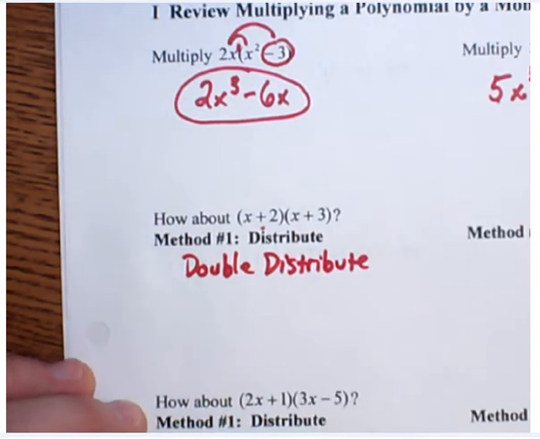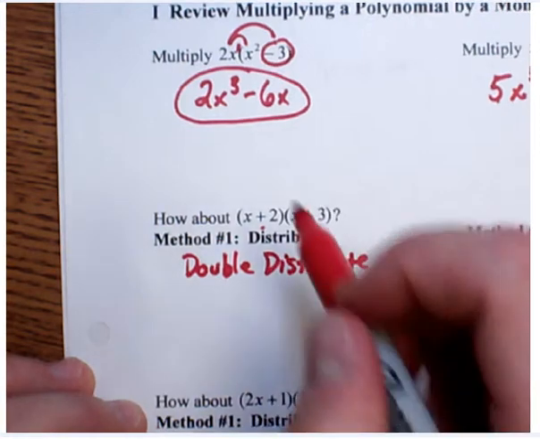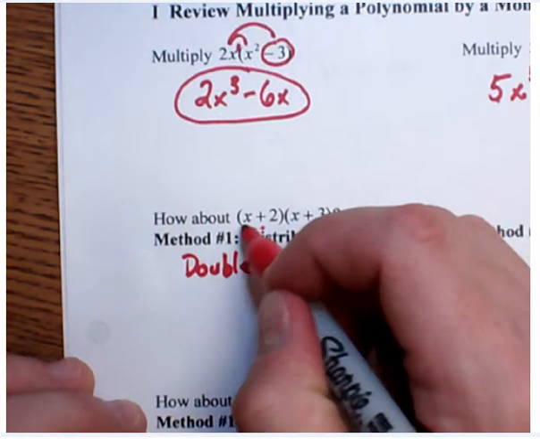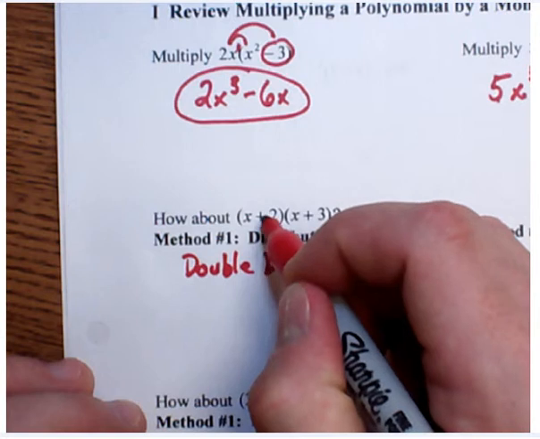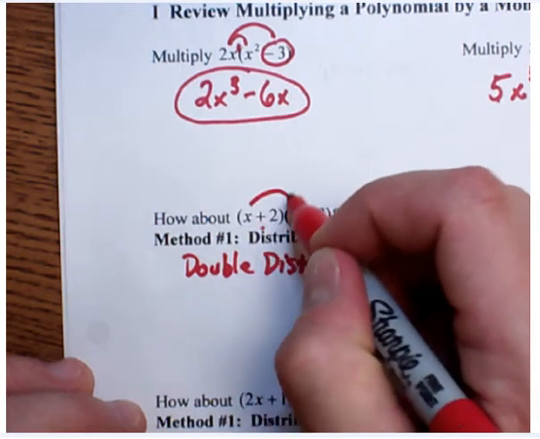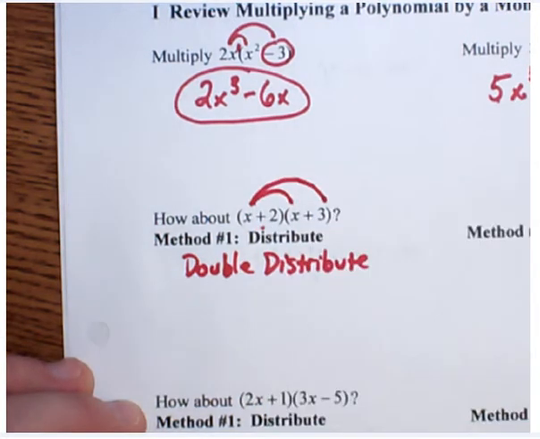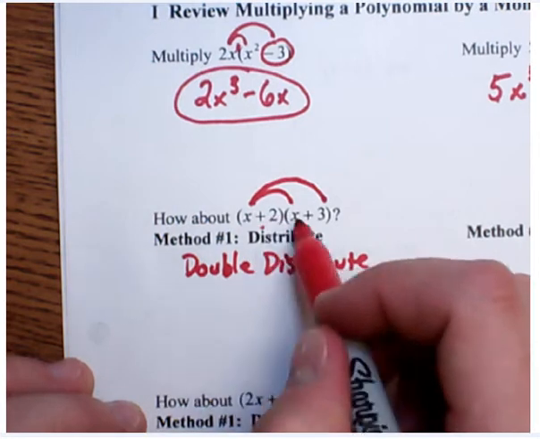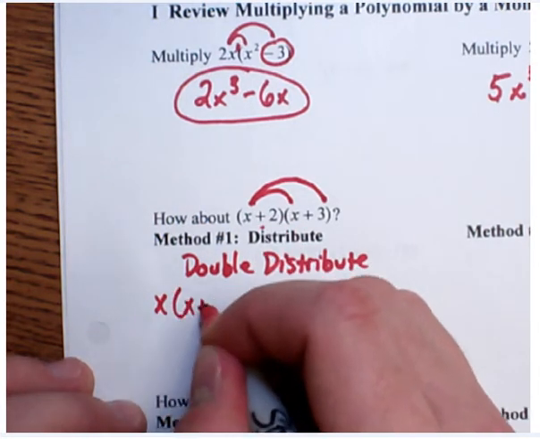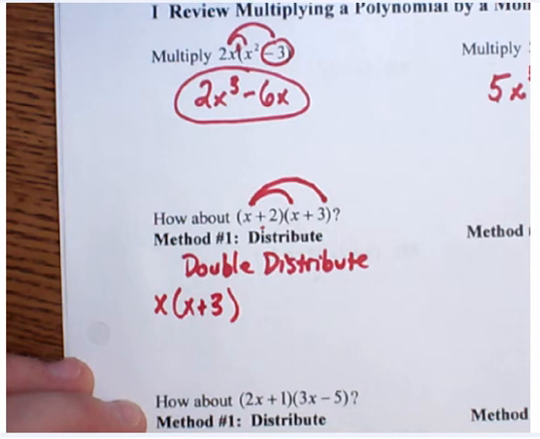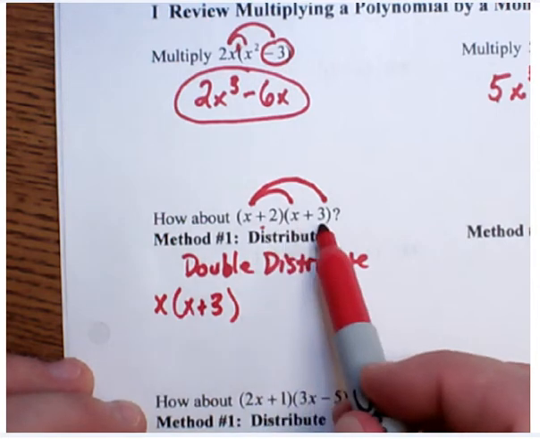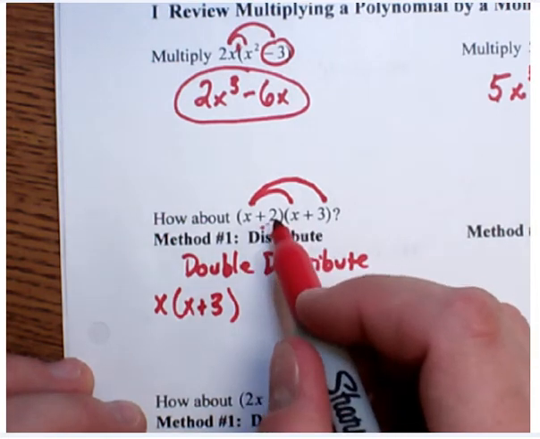You have to distribute twice. Basically, each term in the first binomial, now remember binomial is two terms, so this x has to multiply x plus 3. Okay, this x is going to multiply this binomial and this 2.